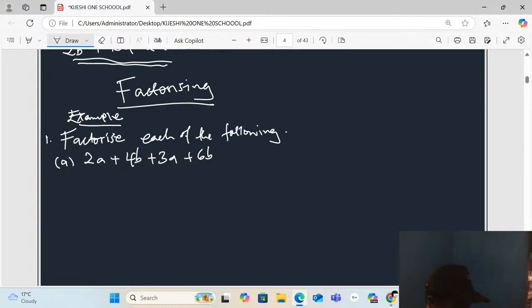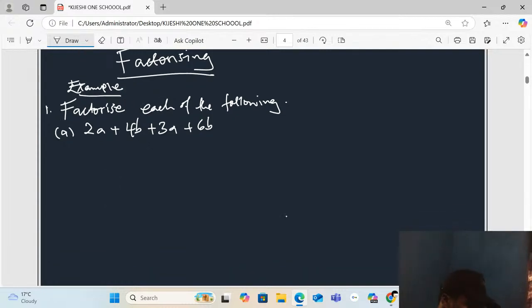So when it comes to factorizing, it's like the reverse of simplifying. So, for this question, let us look at the solution so that you understand what we mean by factorizing.